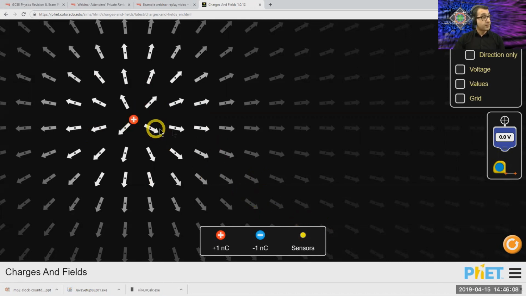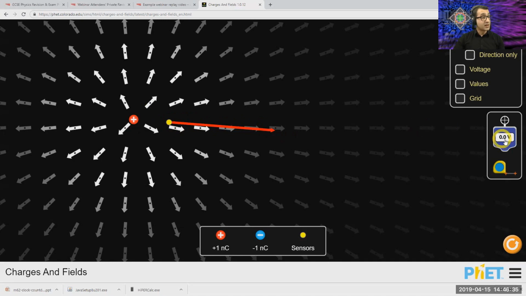So by convention, the field lines around a charged object represent the direction of the force exerted on a positively charged object wherever you happen to place it. So if I place it at a relatively large distance away from the object causing the field, the force, which is represented by this yellow arrow here, is relatively small. If I move it towards the positively charged object, that force increases in magnitude.